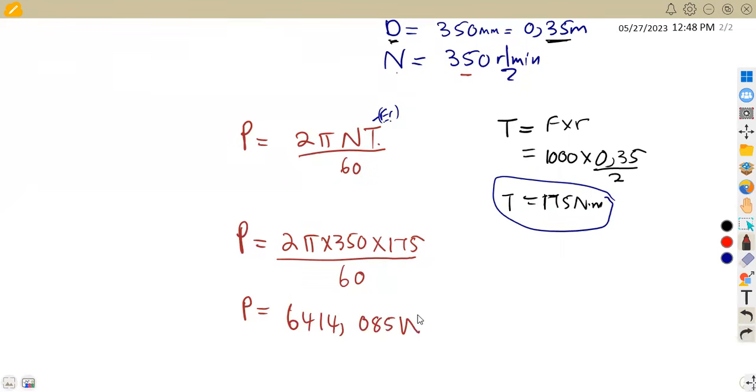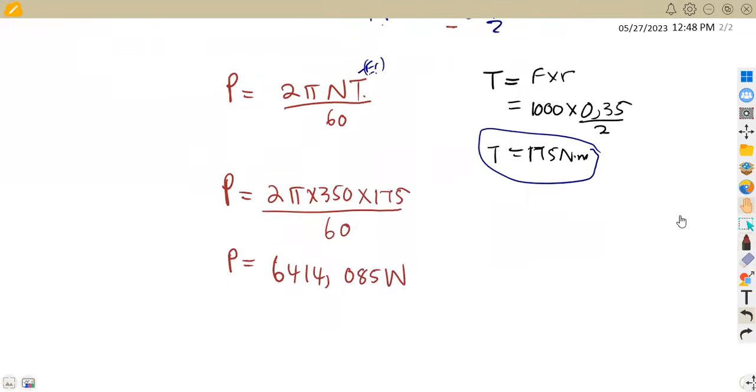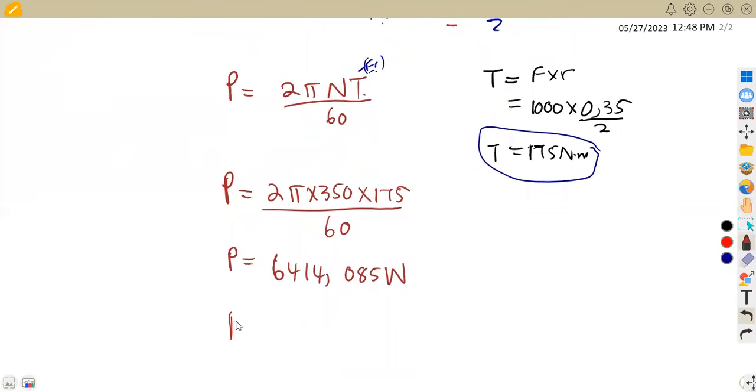Remember, our power is measured in watts, but we have a specific instruction that we are supposed to follow in kilowatts. So how are we going to convert to kilowatts? If we've got this power in watts, we can divide by 1,000 or times 10 to the exponent of -3. This is going to be 6,414 in kilowatts. Okay, so this is what we could have done to have our power in this case.